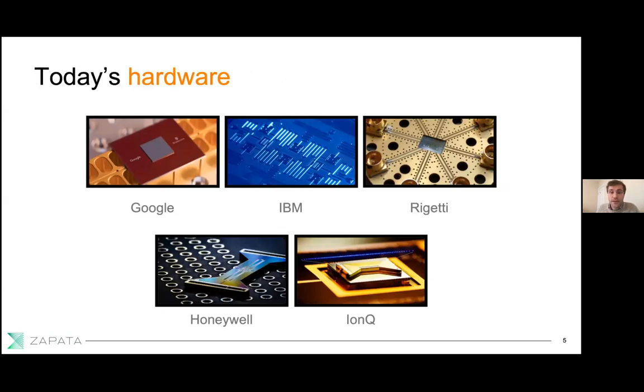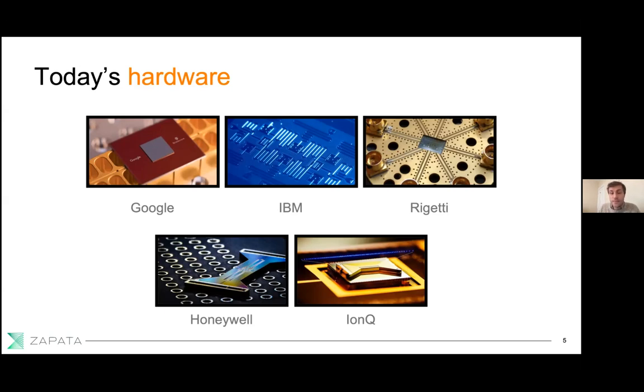And so what do I mean when I'm talking about today's quantum computers? As you might know, Google, IBM, Rigetti, Honeywell, IonQ, many others are actively developing quantum computers. These quantum computers have on the order of single to double digits of physical qubits.